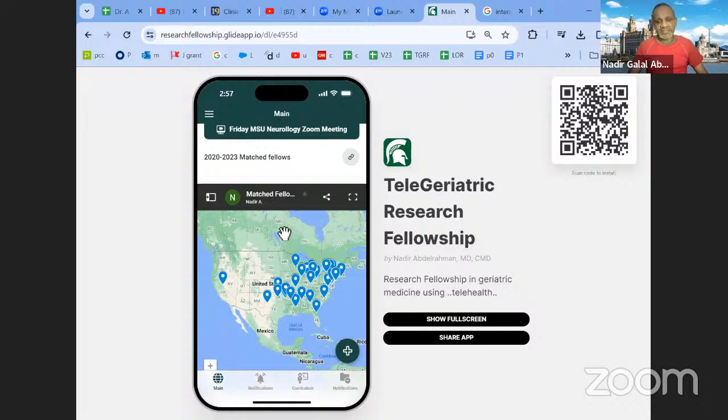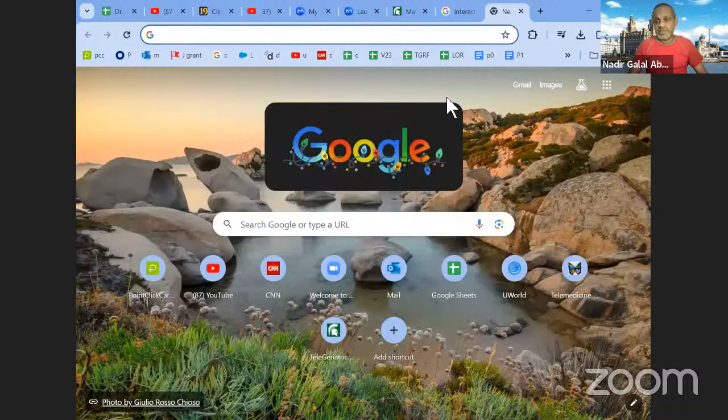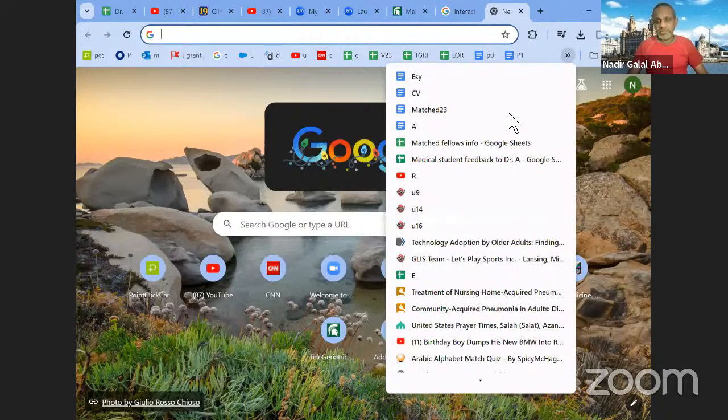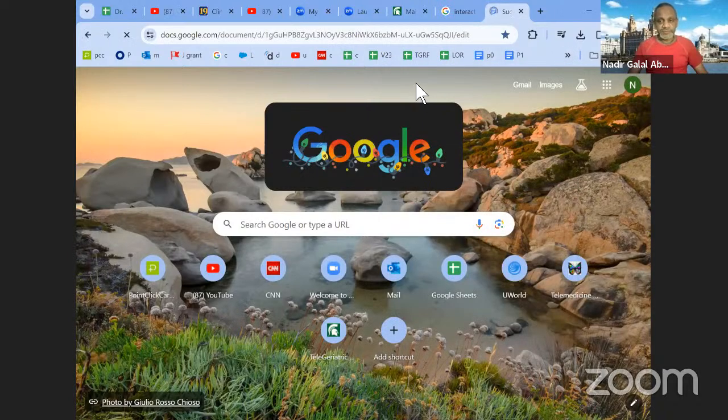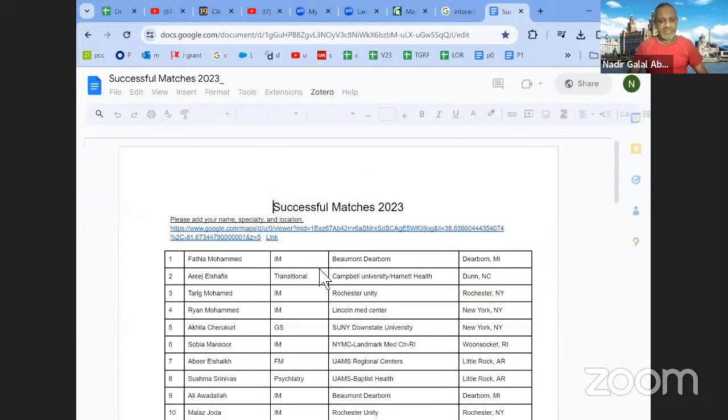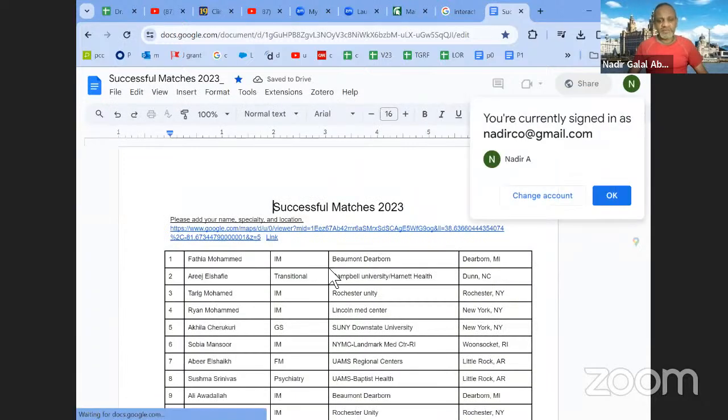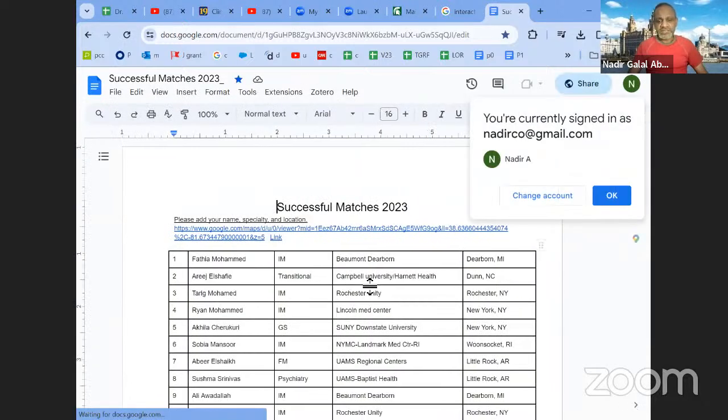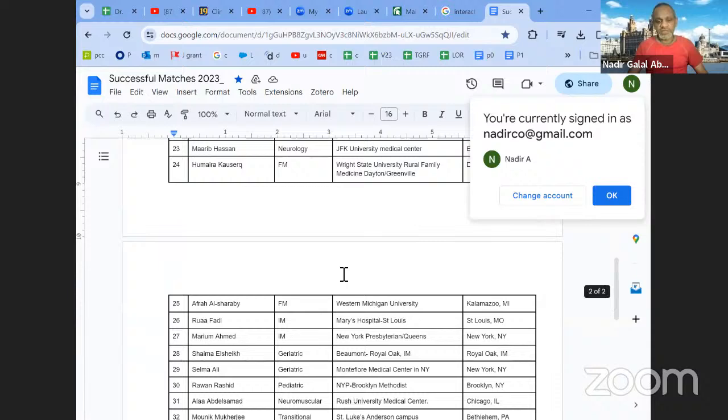So what I did is I put a list of the fellows who matched. This is the list of the fellows from the first, second and third batch who matched, and what program they matched to, what's the city, what's the state, and their names and the type of residency or fellowship, all this.